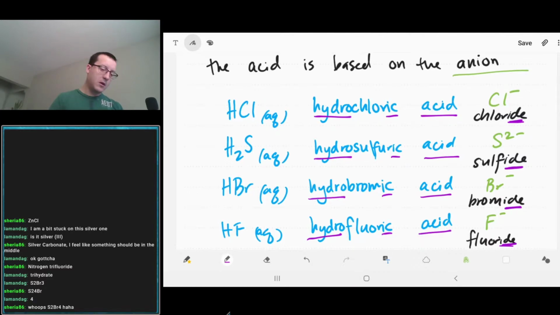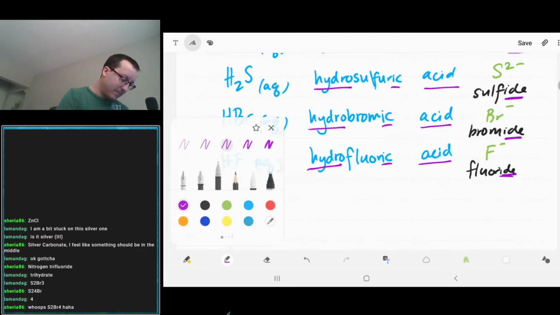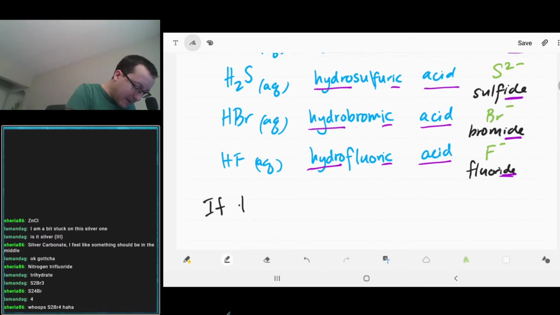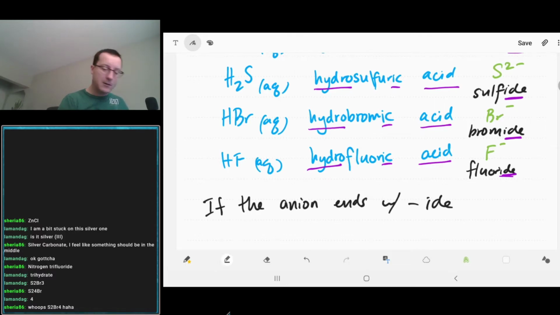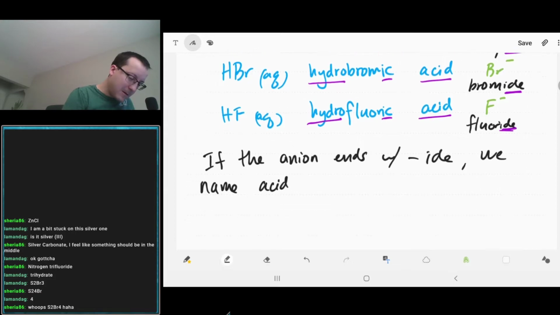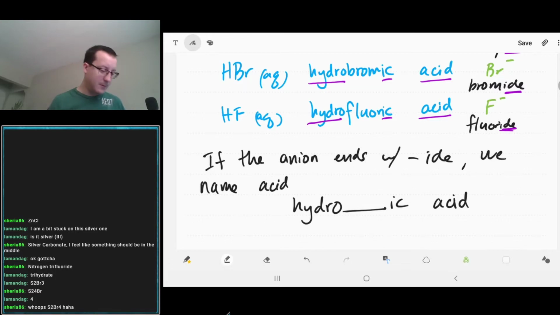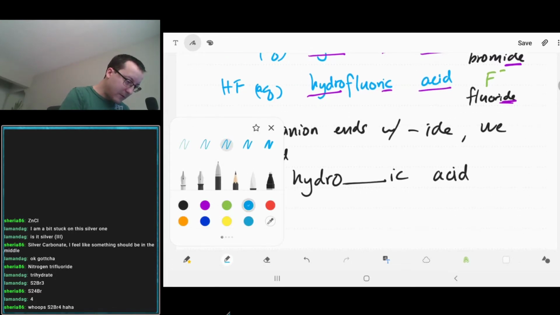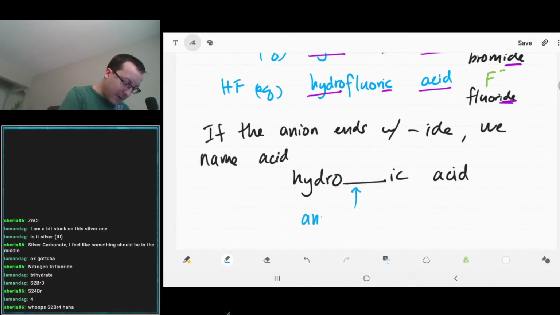And so, we're going to see that if the anion ends with "ide," we name the acid hydro something ic acid, where what goes in here is the name of the anion without the "ide" ending.